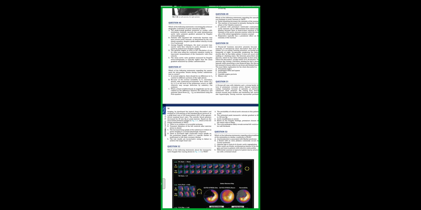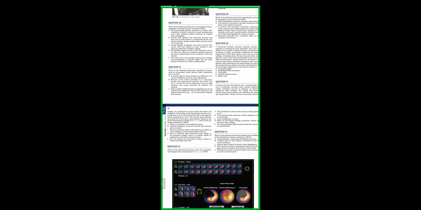B, because of the normal variability of oxygen saturation, shunts with pulmonary to systemic flow ratio, QP to QS, less than 1.3 at the level of the pulmonary artery or right ventricle may escape detection by oximetry. So this is true, okay? Because when you have a QP to QS ratio less than 1.3, that means there is very minimal shunting of blood. And if you use the oximetry method, you cannot detect a significant change in the saturation.